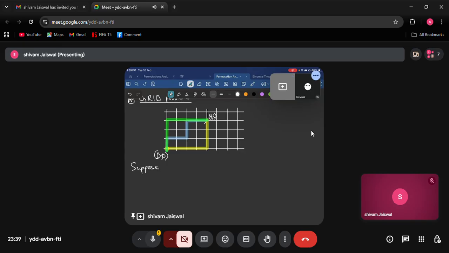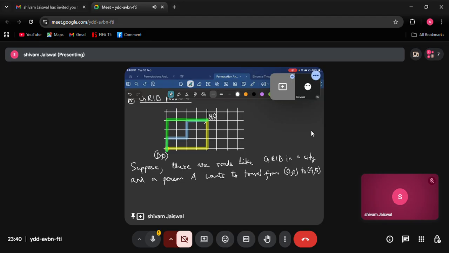Suppose there are roads like a grid in a city, and a person A wants to travel from 0 comma 0 to 4 comma 5. Okay, sorry, 4 comma 3.